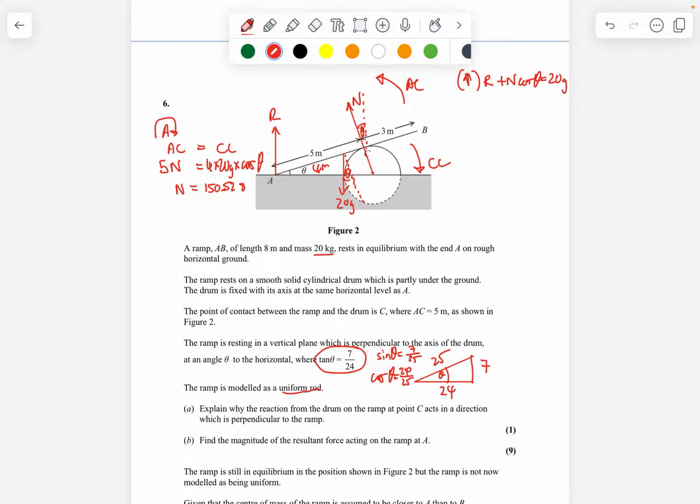Okay, so now I know what cosine theta is. I've found N, and I know cosine, so I can just plug all those in, and that tells me that R is equal to 42.14784.